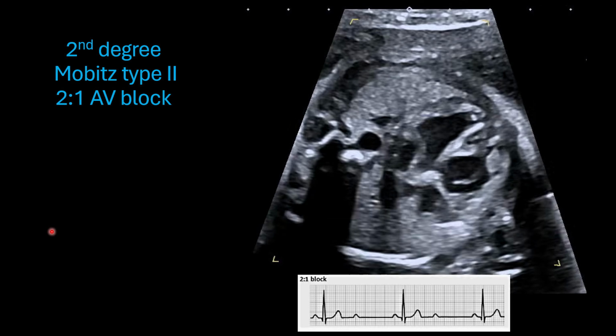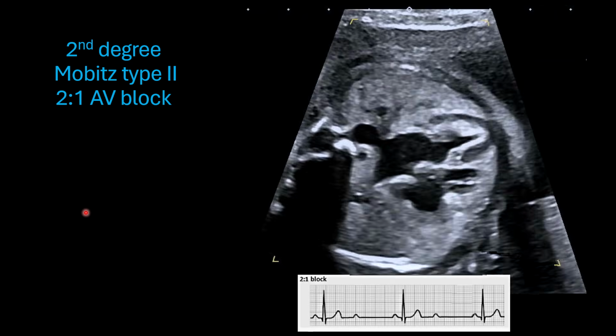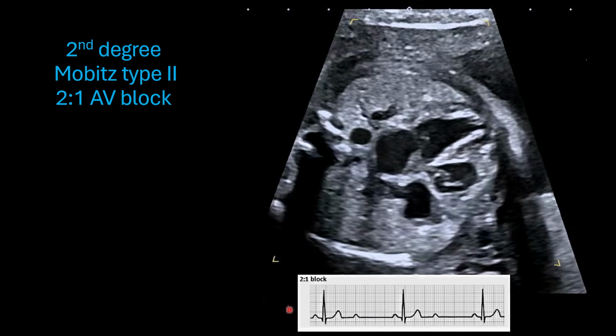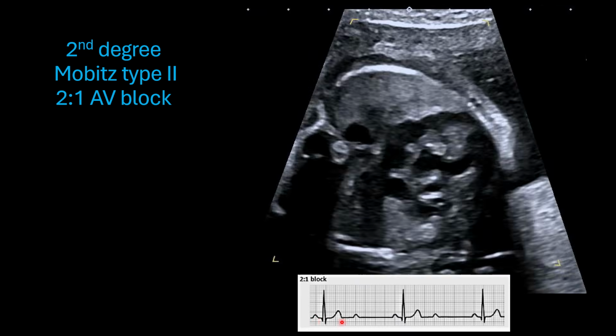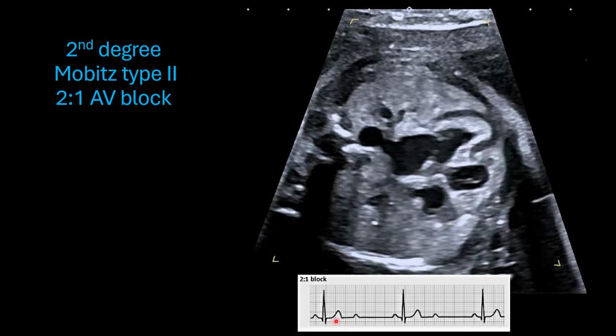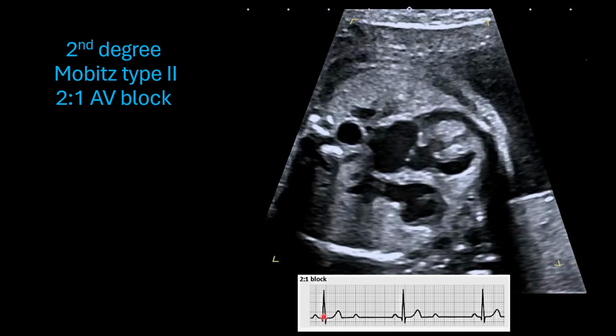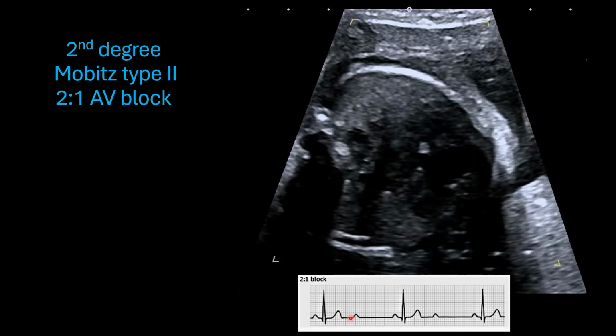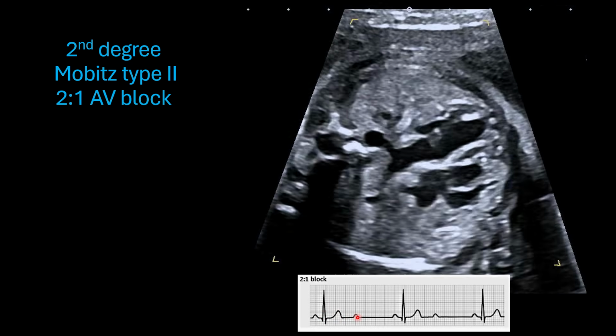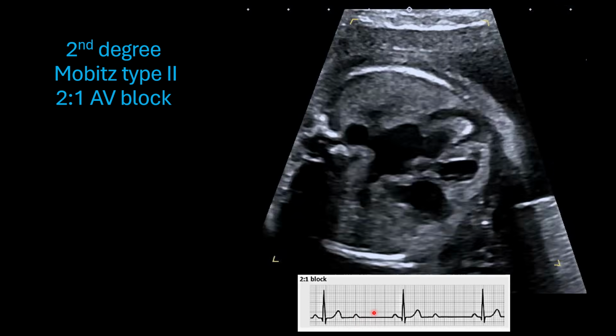Now this is second degree Mobitz type 2 2-to-1 AV block, and it looks very similar to blocked PACs in a bigeminal pattern, where you have a sinus beat that is conducted and you have a QRS complex, and then you have another sinus P wave with no QRS complex.